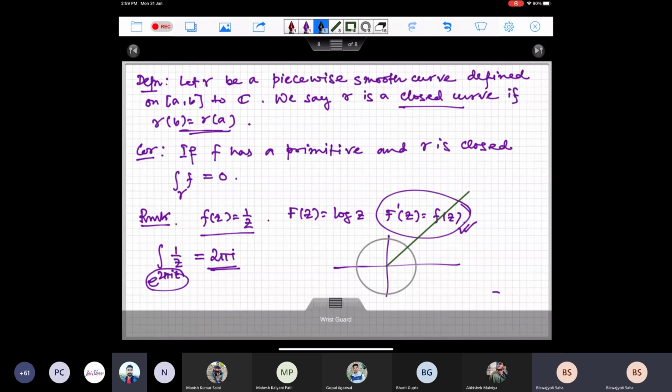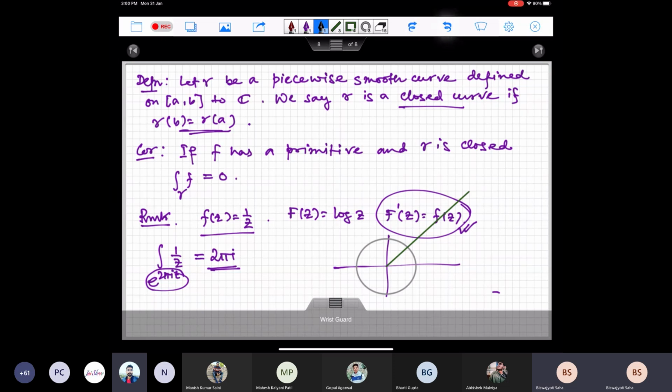So that shows, even in that way, that you cannot really have log. Of course, we have already seen that log does not even become continuous in the whole of C minus 0, but this also shows that you can't really have this log to be differentiable on every point of a circle. So therefore we are getting this 2 pi I.